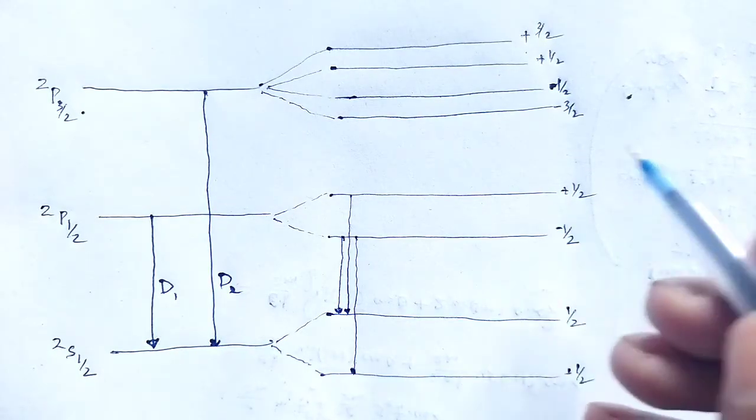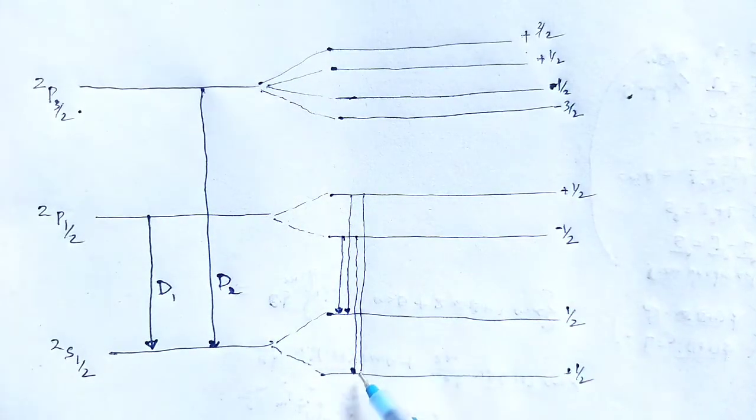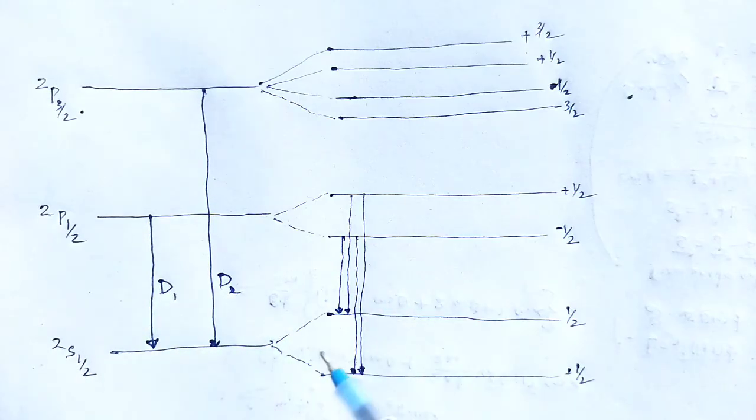These are the allowed transitions for the D1 line.